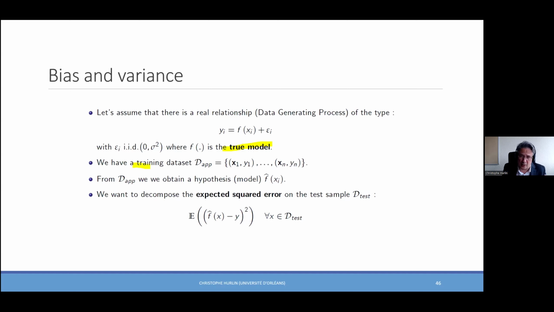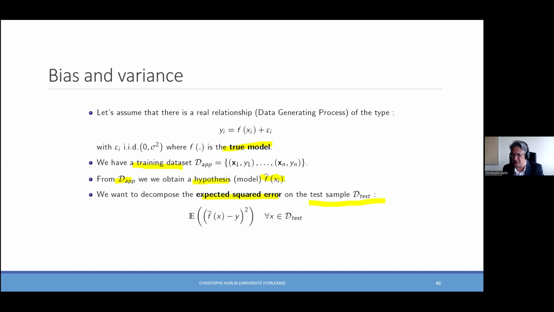So you have a training data set, a collection of (x1, y1) to (xn, yn). And given this training data set, you train a model, a hypothesis in the ML vocabulary, f hat of xi. And we want to decompose the expected squared error on the test set.